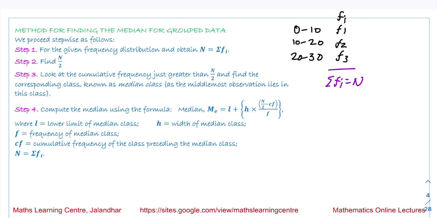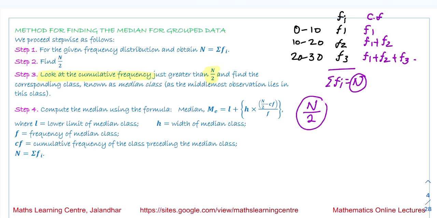The next step is to find the value of n by 2 and look at the cumulative frequency just greater than n by 2. It means we have to calculate the cumulative frequency, CF: f1, then f1 plus f2, then f1 plus f2 plus f3, and the total is n.